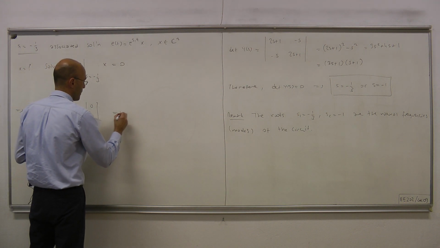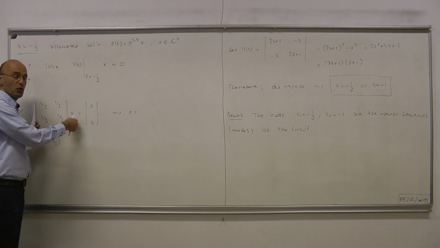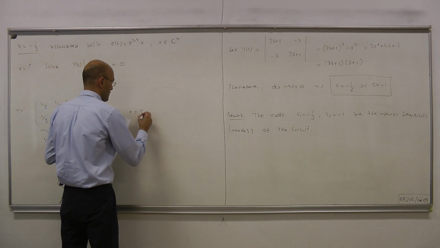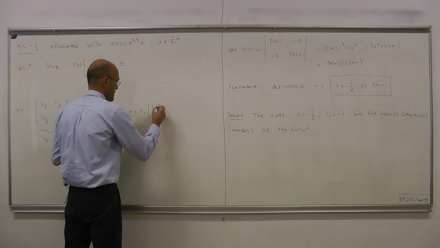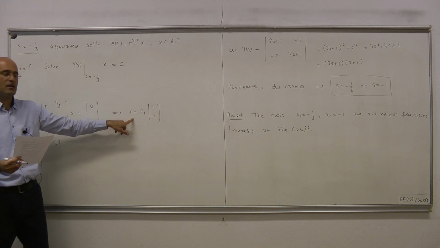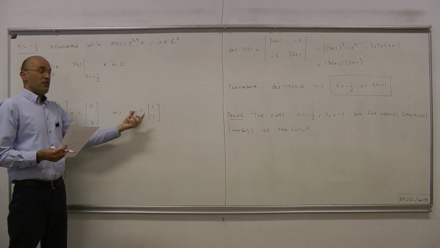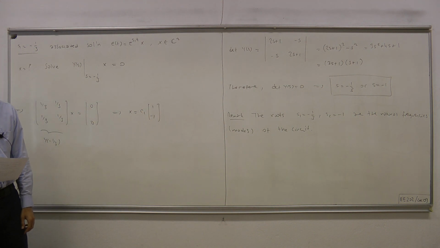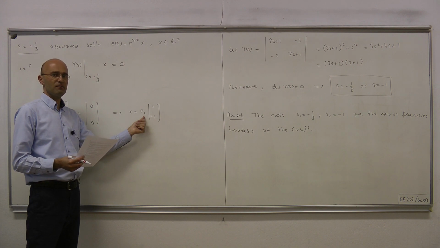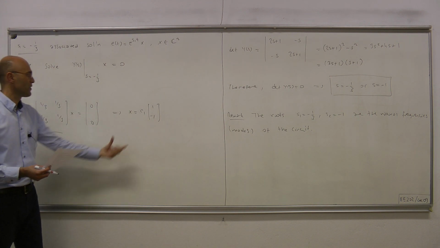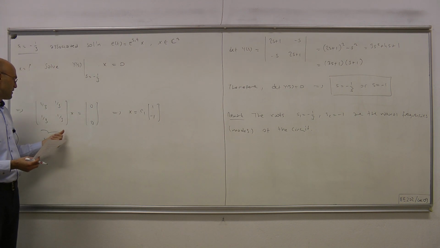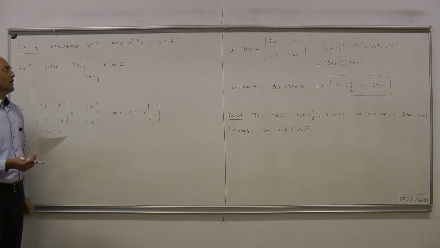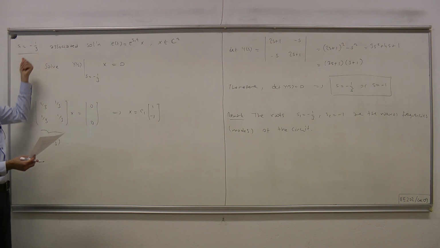Therefore, x must belong to the null space of this matrix, which is not difficult to see: x must be of this form, 1, minus 1, multiplied by some constant. For any such constant c1, such x will be in the null space of this matrix. In other words, it would satisfy y of s times x equals 0 for s equals minus 1/3.